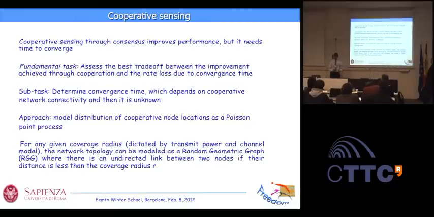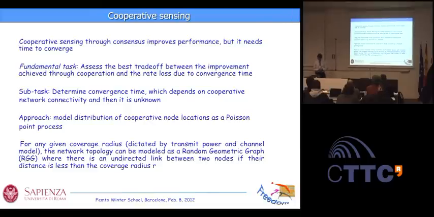Now I just mentioned the fact that local nodes might decide to exchange those local energy estimates to improve their own estimation. But of course, this exchange of data needs time to converge. So the other problem we have to take into account here is that we want to achieve some kind of trade-off between the improvement that we can get through cooperation and the loss that we have to pay because of establishing this cooperation.